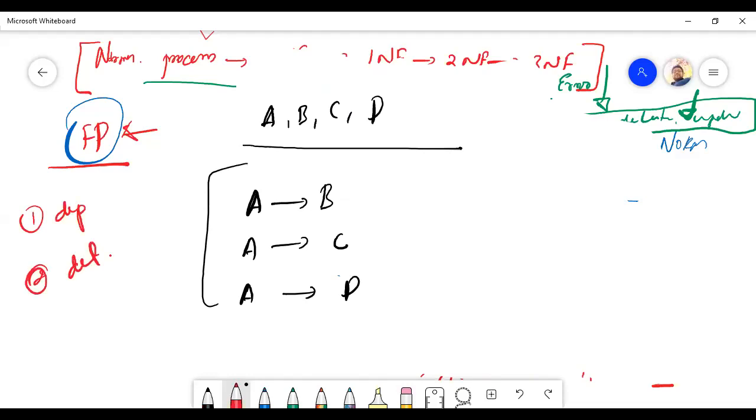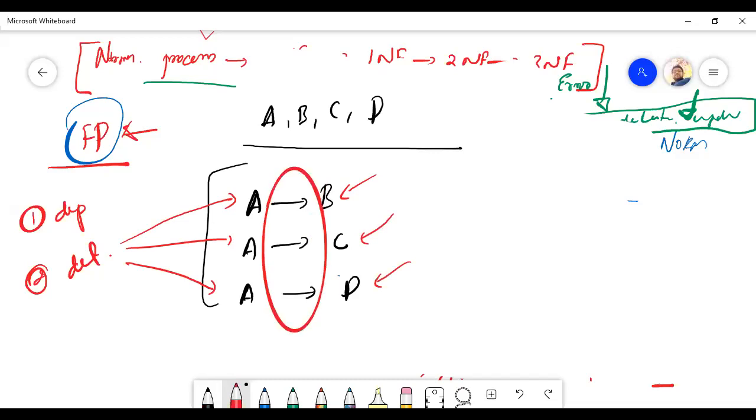Now you can see A will be the determinant. B is one dependent, C is another dependent, D is another dependent. We use this arrow to show the relationship.